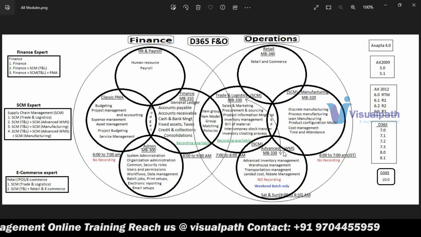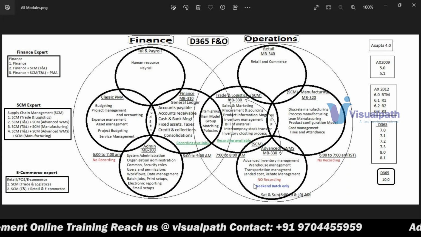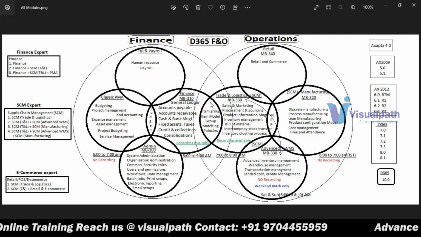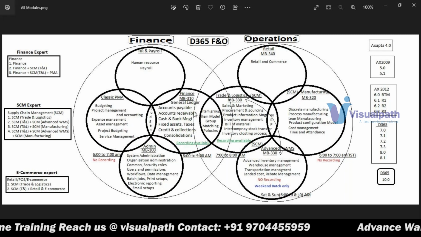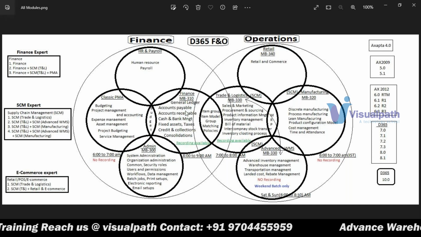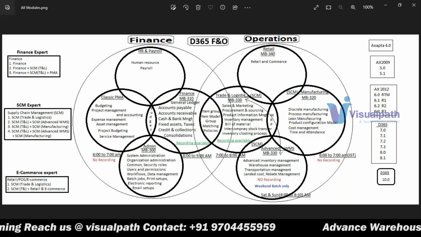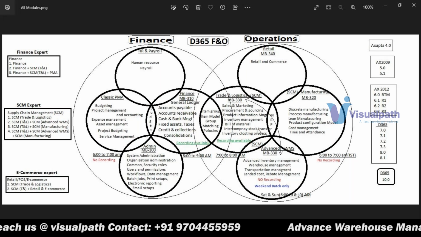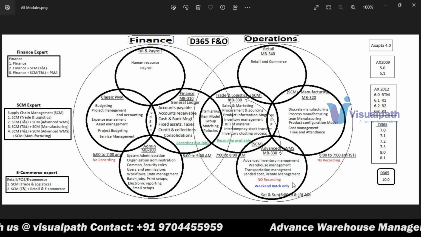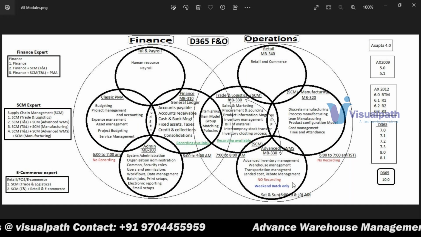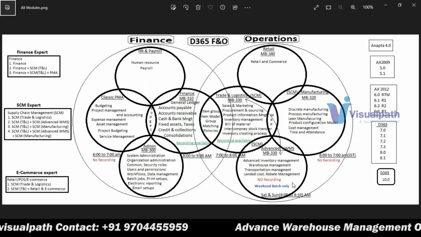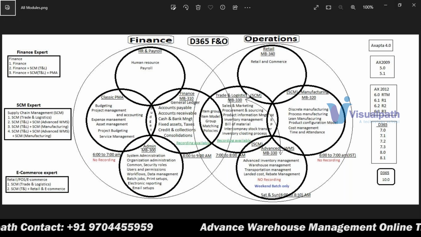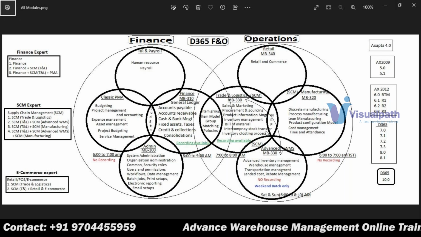I'm going to discuss this one. If you want to become an expert in advanced warehouse management, you should be aware of either T&L or finance. If you have learned one of them already and want to enhance your knowledge, yes, you can join. If you are a fresher and don't know anything, first you need to learn those modules, then only you can understand this one.